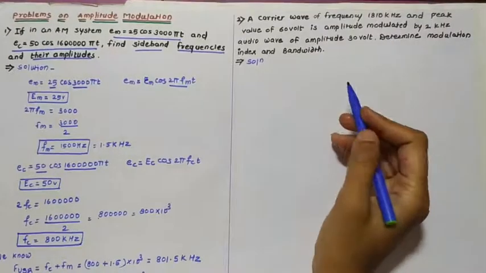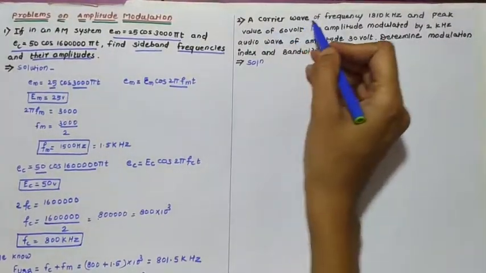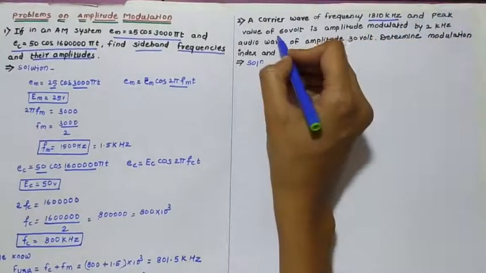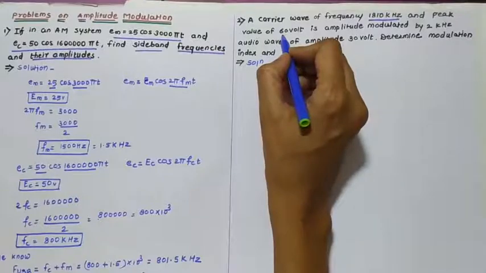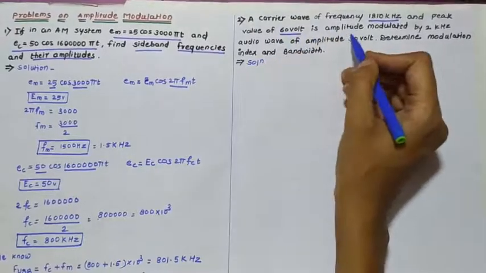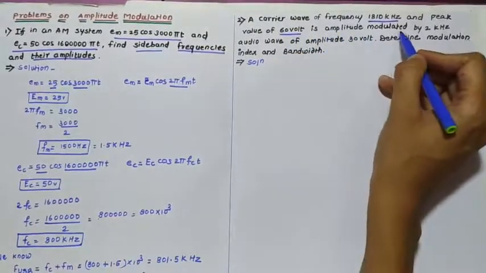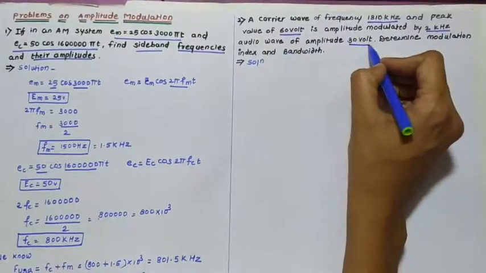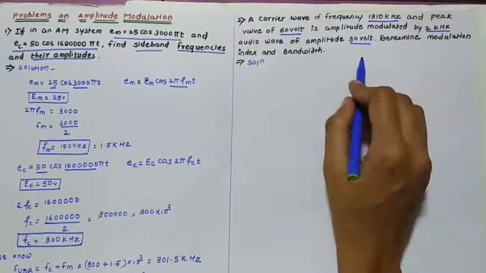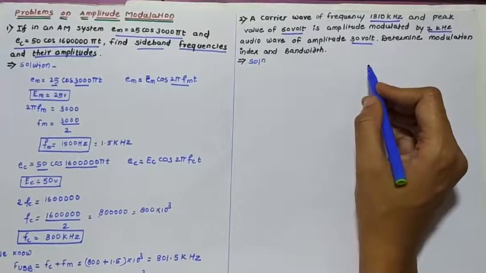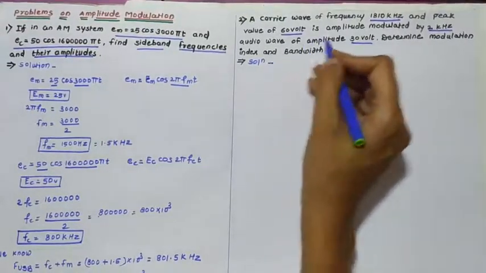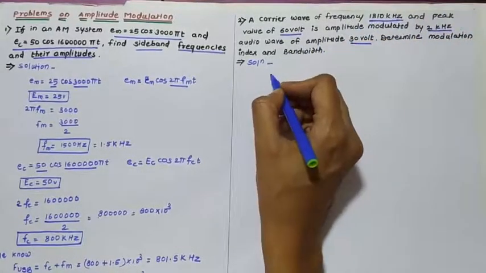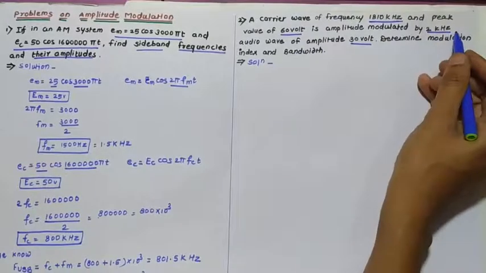Students, this is the second problem. A carrier wave of frequency 1810 kHz and peak value 60 volt is amplitude modulated by a 2 kHz audio wave of amplitude 30 volt. Determine modulation index and bandwidth. Students, in this problem the frequency of carrier and frequency of modulating signal are directly given.